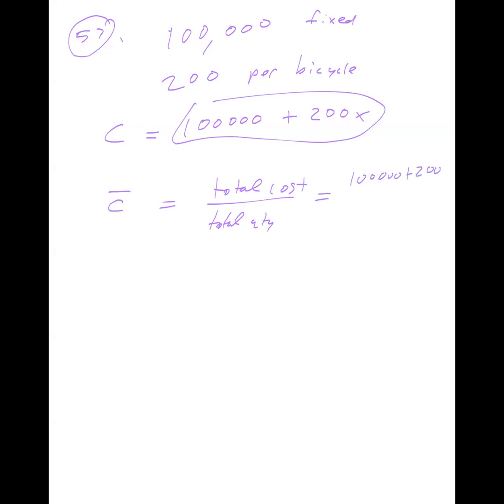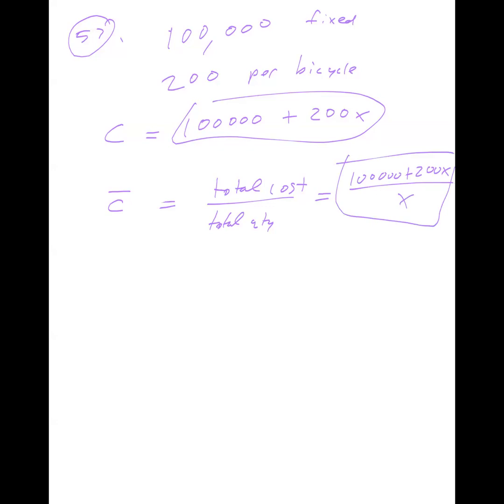The total quantity is X, because X is the amount of bicycles that you make. That was pretty easy. So in part B, the answer is just that formula: 100,000 plus 200X over X.